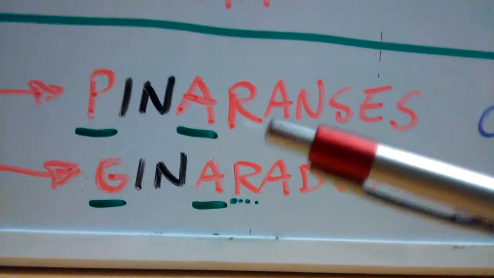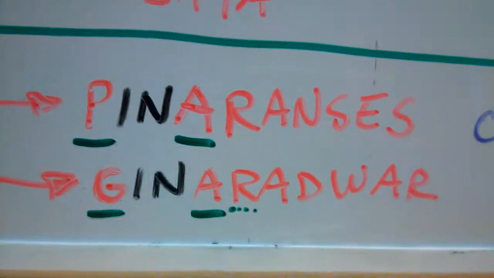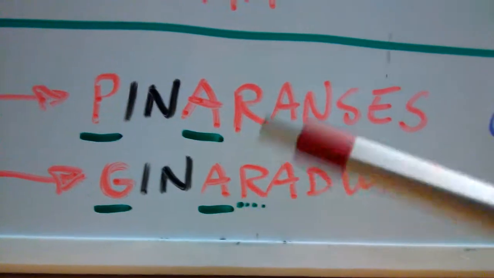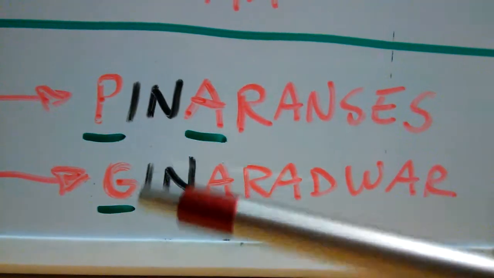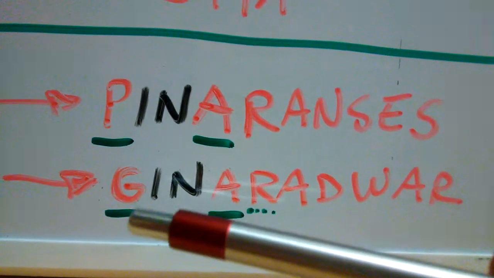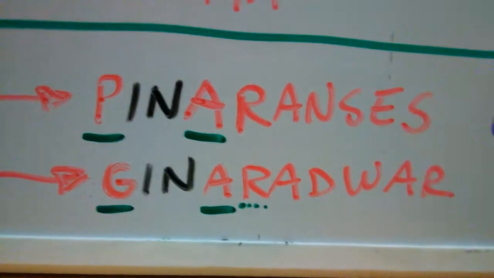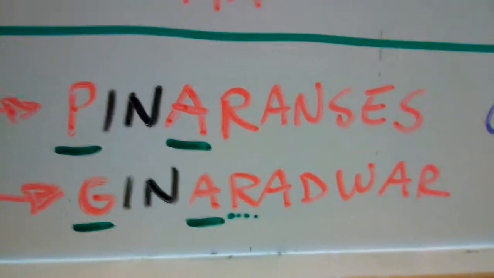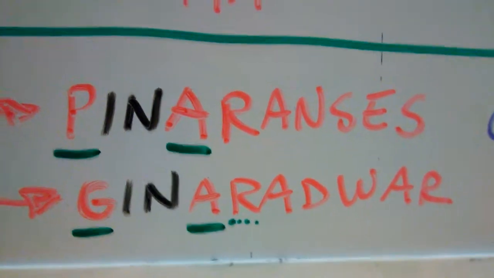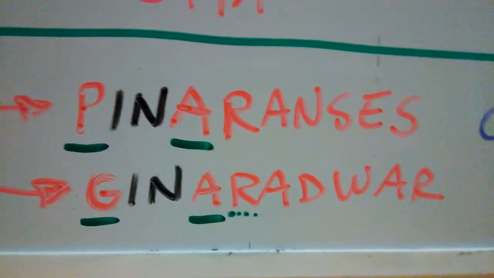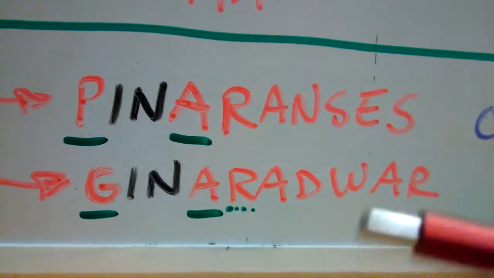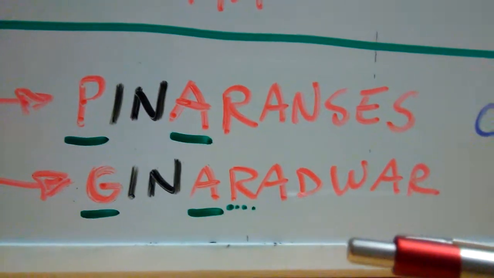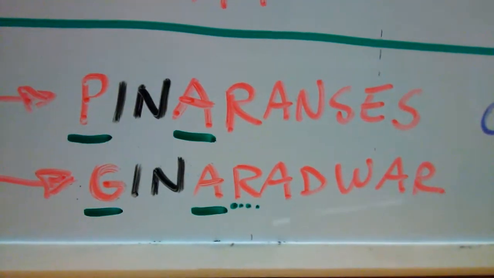Because ga ends in that open vowel, we added that open vowel and inserted the in infix, right? Ginaradwar. Okay, so now this person had graduated, or something was going on with a graduation. I'm just showing you this because it's an example of a morphological process, okay?